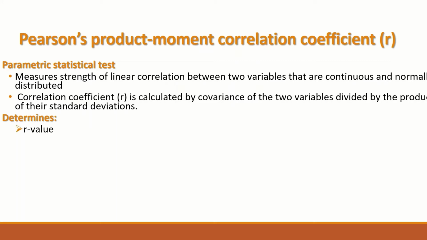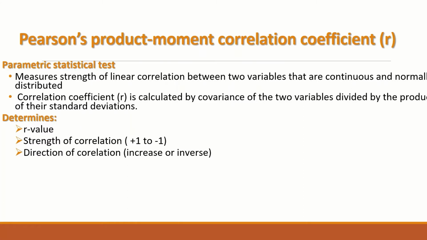The test will determine the R value, the strength of the relationship between the two variables, on the scale of +1 to -1, where +1 is the strongest positive increasing relationship and -1 is the strongest negative inverse relationship between the two variables.